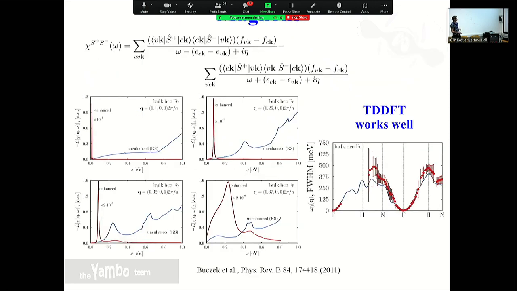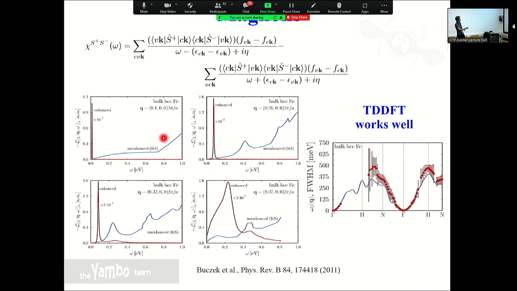And I think this was, okay, and the last one, which is related to the question on magnons. So we said that the response function, I've shown you, has the spin conserving channel, which you can block away, it gives excitons, and the spin flip channel. So if you take the spin flip channel, you can describe the magnons. So here is an example of magnons computed at TD-DFT level again.